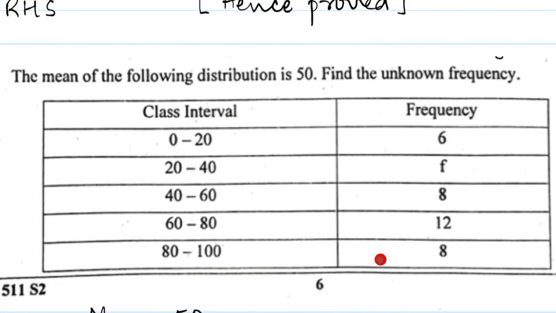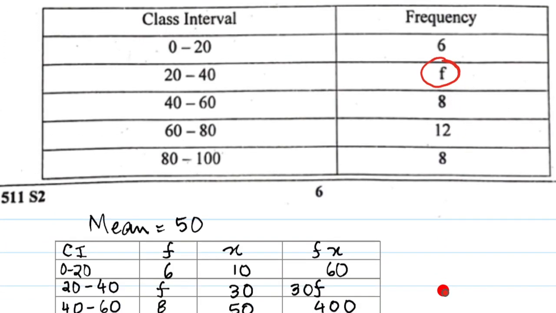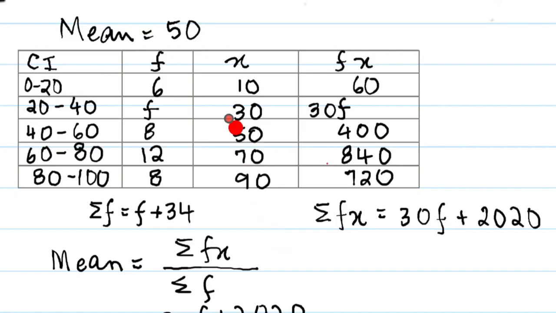Okay, now fourth one, the mean of the following distribution is 50, find the unknown frequency, this one. So we have to make the table. I've copied the same thing, and then we need again the x value for finding the mean. 0 and 20, the mid value will be 10. Here it will be 30, then 50 here, 70 here, and 90 here.